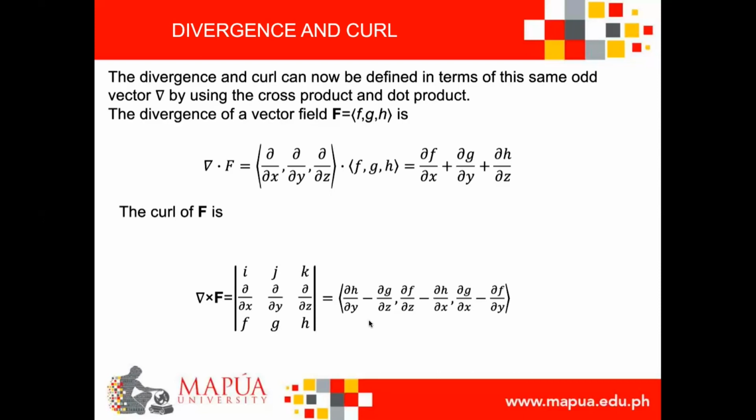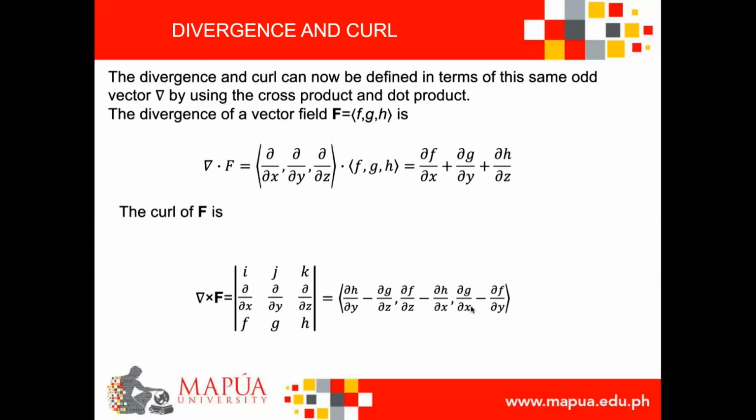Thus, we can come up with this formula. The first component for the curl of F is the partial derivative of the function h with respect to y minus the partial derivative of g with respect to z. Then the second component will be partial f with respect to z minus partial h with respect to x.